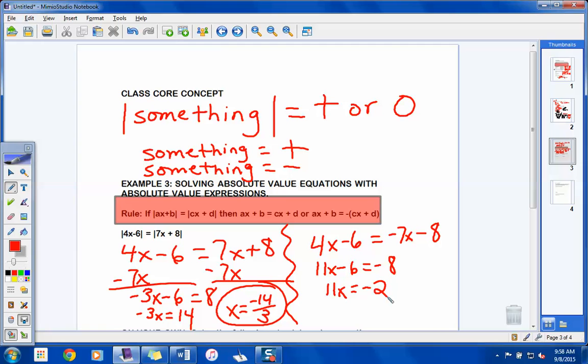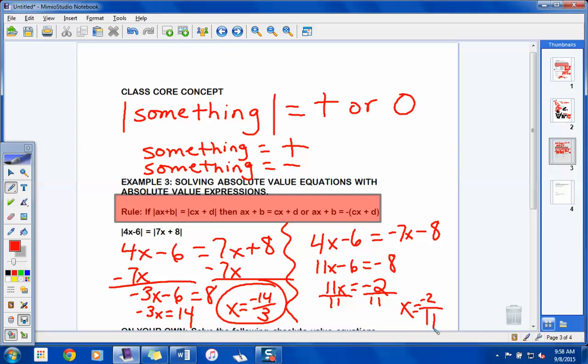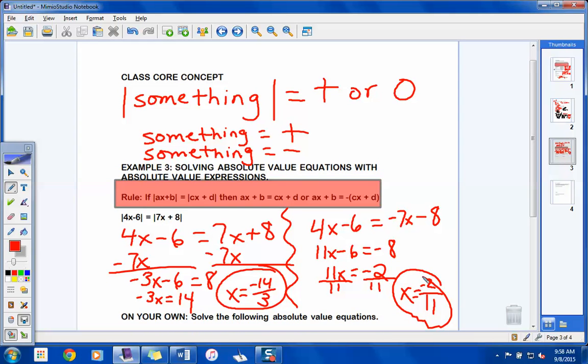So to get x alone, what do you have to do to both sides, gang? Divide each side by 11. Excellent, guys. So in fraction form, what's that going to look like? Negative 2 over what? There we go. X equals negative 2 over 11.